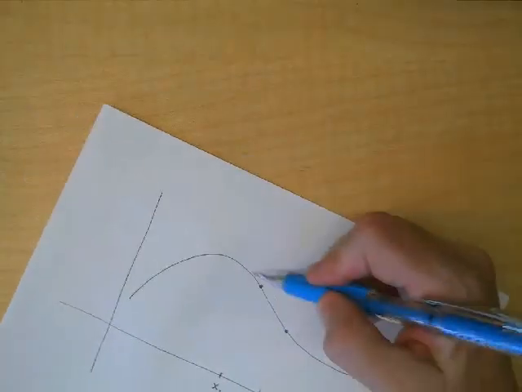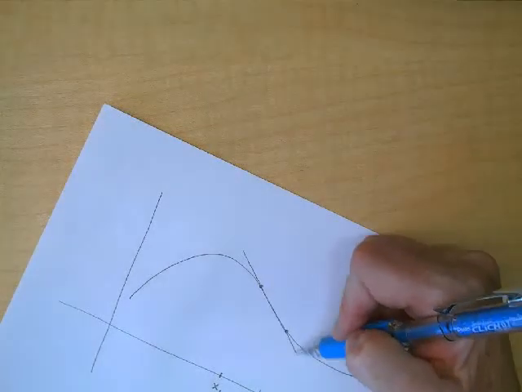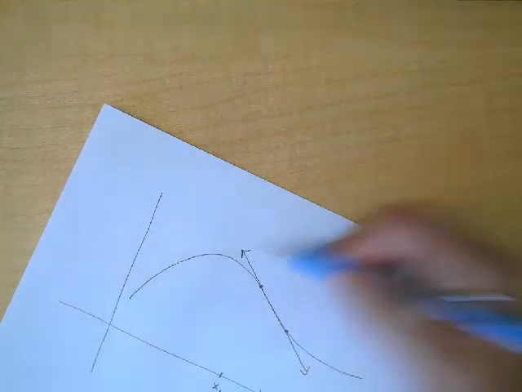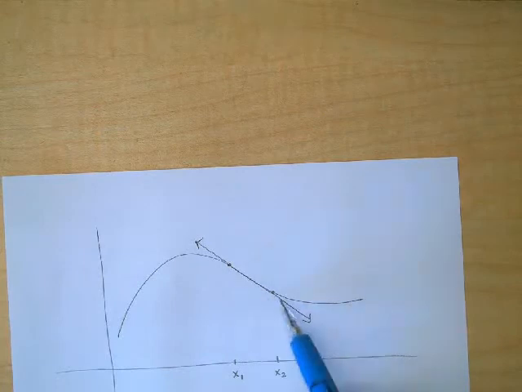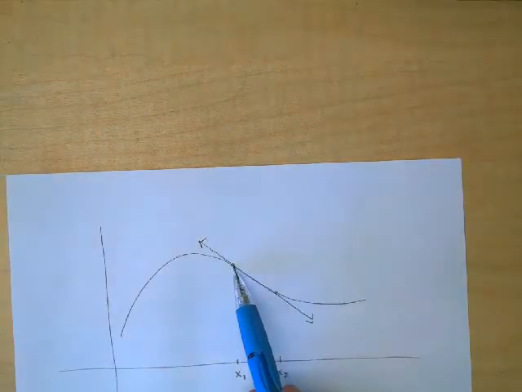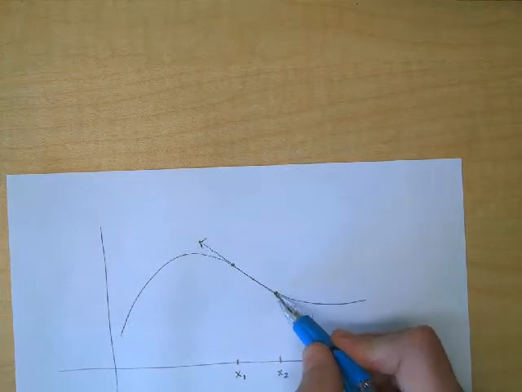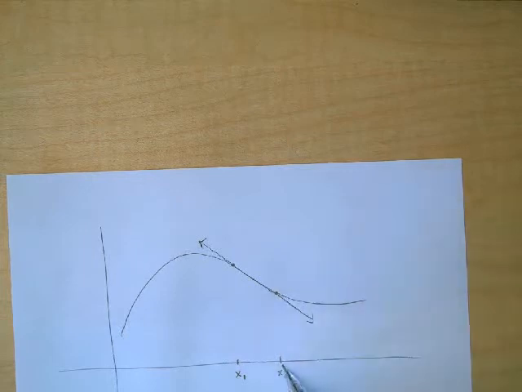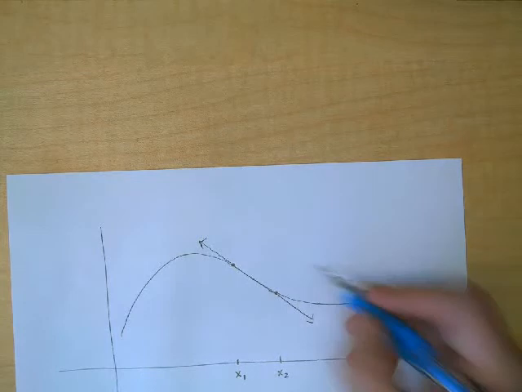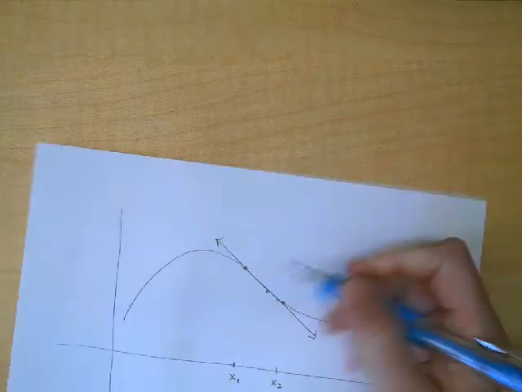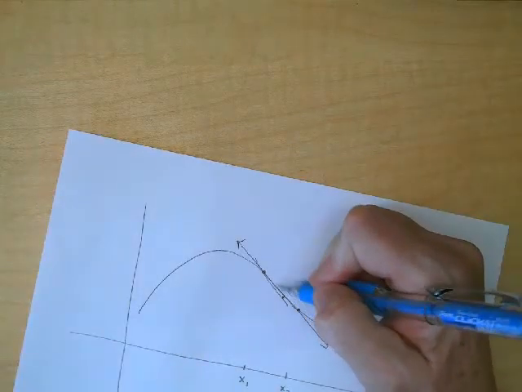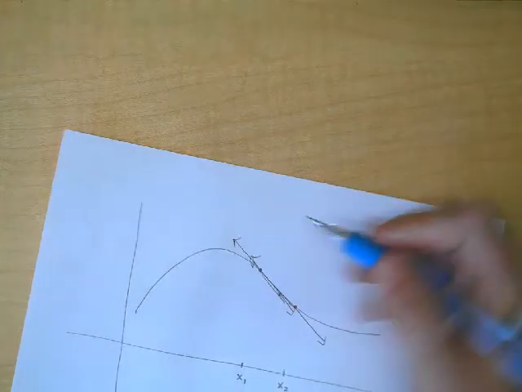Okay, so if I could just find the slope of that right there, well, I could use it to estimate that, but how about if I move this a little bit closer? So I move x2 a little bit closer to x1, and then I'm going to get a different tangent line.